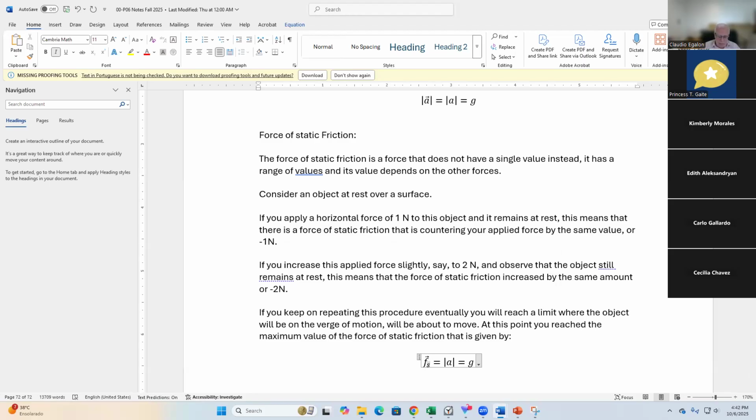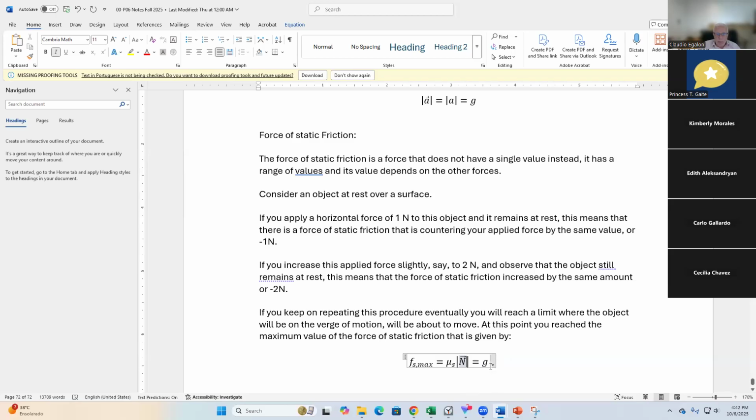The maximum value of the force of static friction, f_s,max, is given by mu sub s, which I'm going to explain, times the normal force applied to the object.